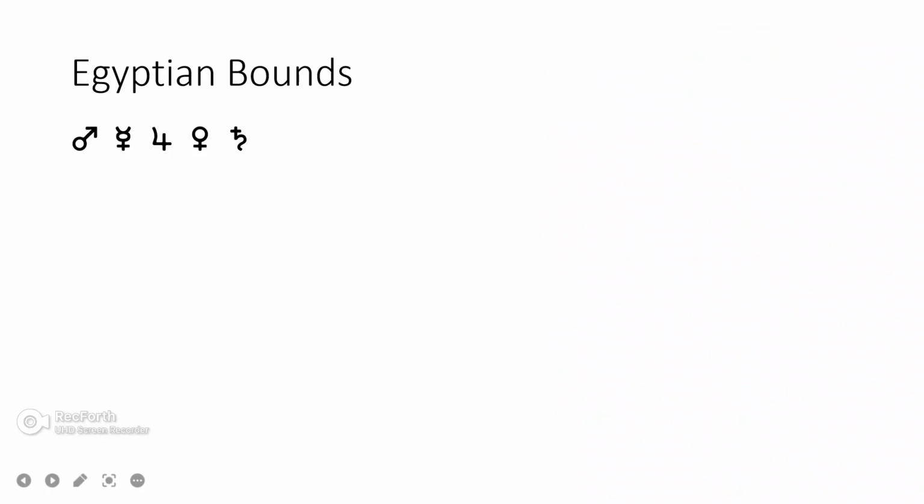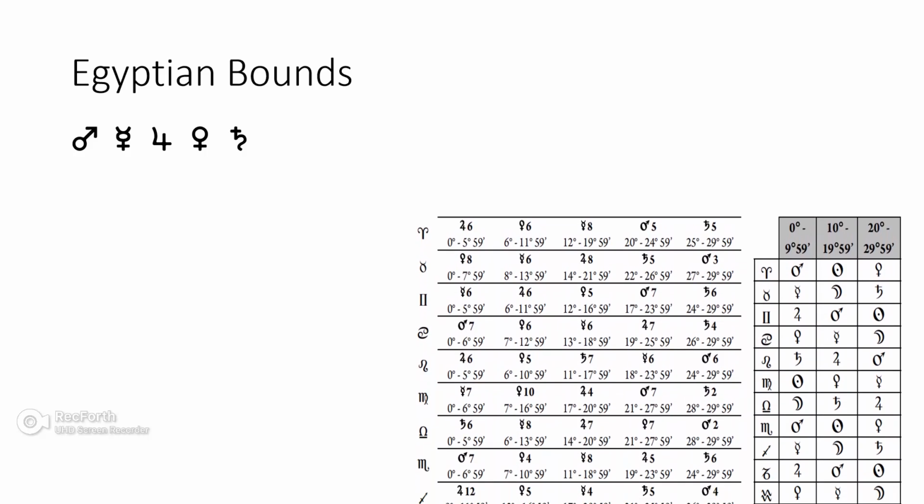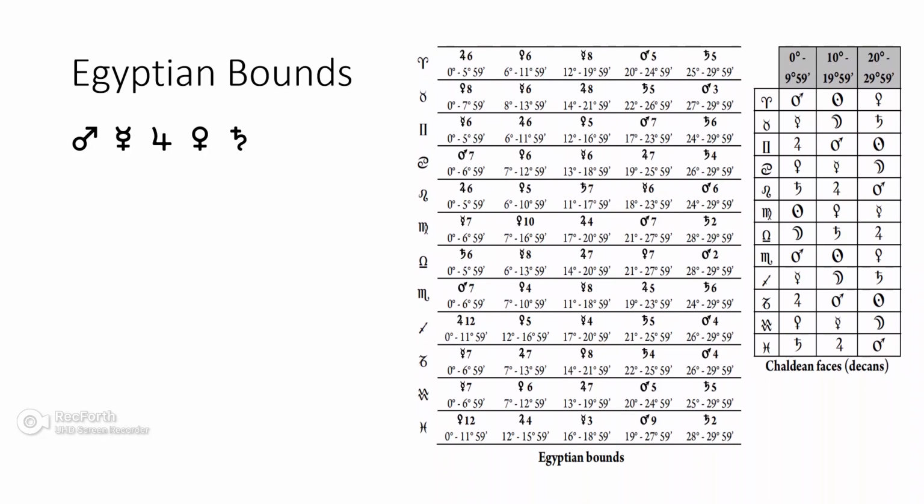But I want to talk about the Egyptian bounds. And here are our leftover planets from the schema of the deacons: Mars, Mercury, Jupiter, Venus, Saturn. So let's have a quick look at a traditional diagram of the bounds and deacons.